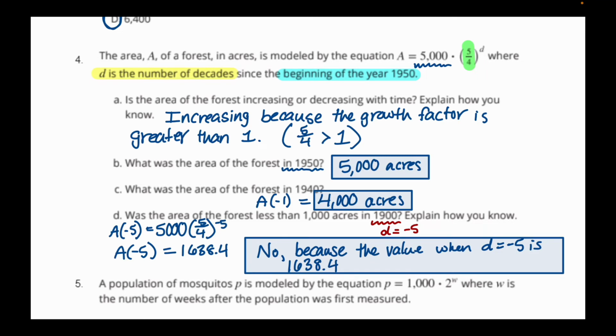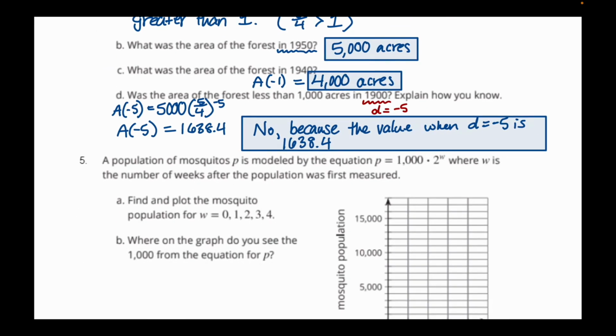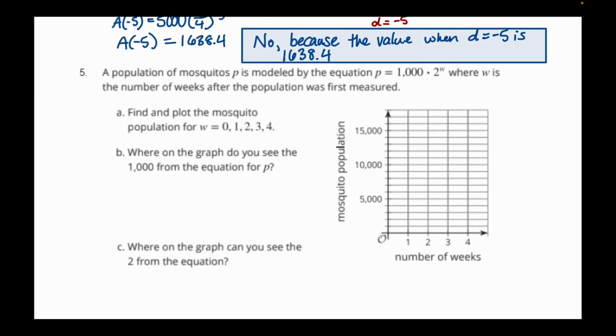That brings us to question 5. So in question 5, we have a population of mosquitoes, P, modeled by the equation P equals 1,000 times 2 to the power of W, where W is the number of weeks after it was first measured. We're going to find and plot the mosquito population for W equals 0, 1, 2, 3, and 4.